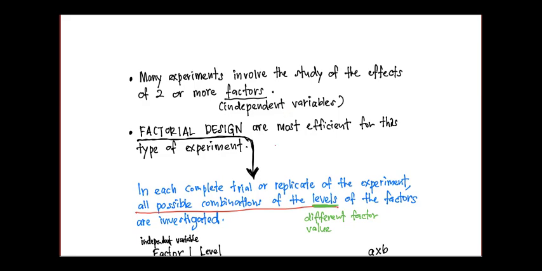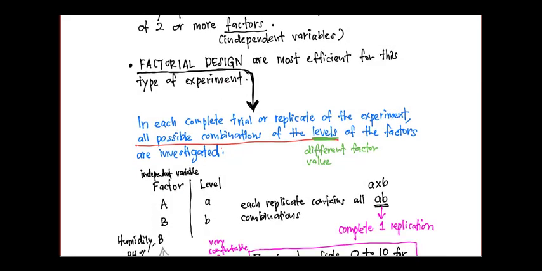For these kinds of studies or experiments, the most appropriate type of design of experiment is factorial design of experiment, and it is most efficient for this type of experimentation.